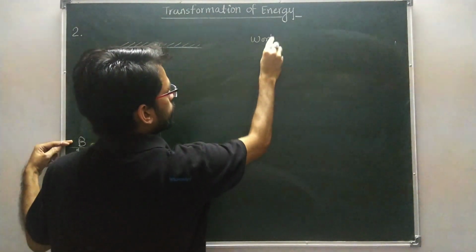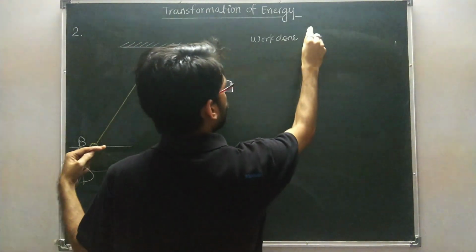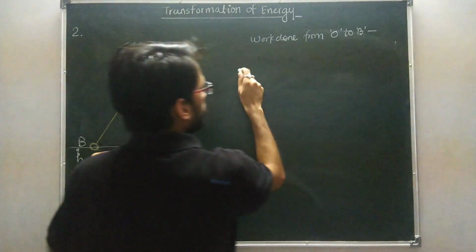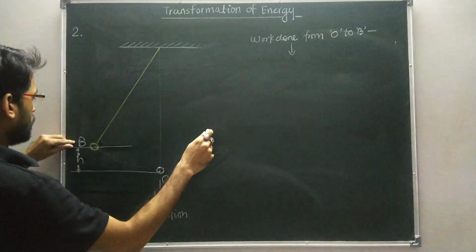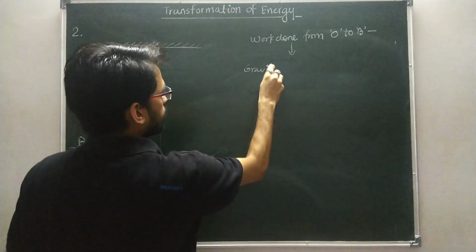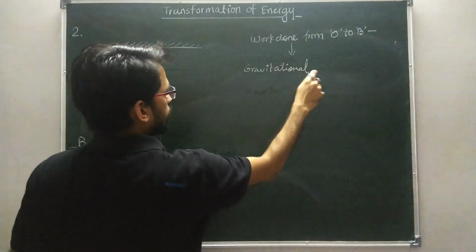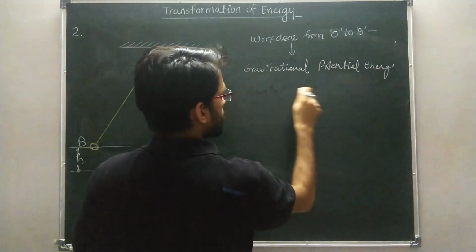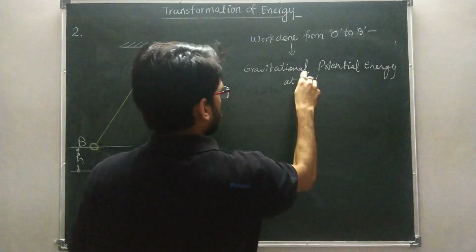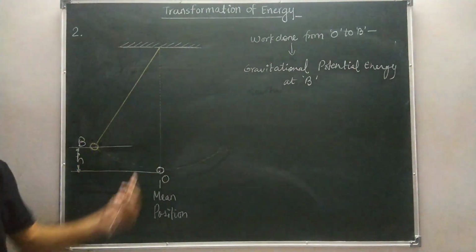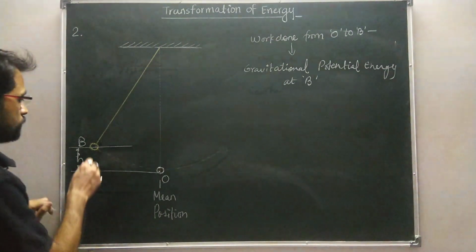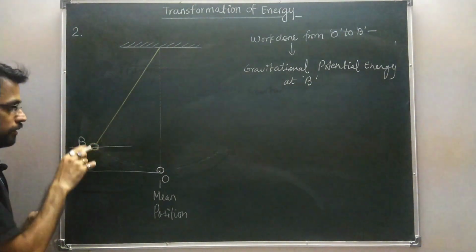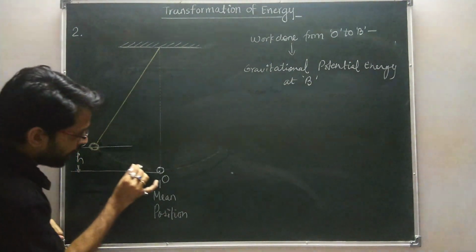So the work done from O to B is converted into gravitational potential energy at point B. And when you leave the bob at point B, then this gravitational potential energy is converted into kinetic energy.